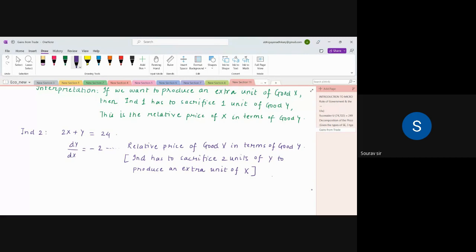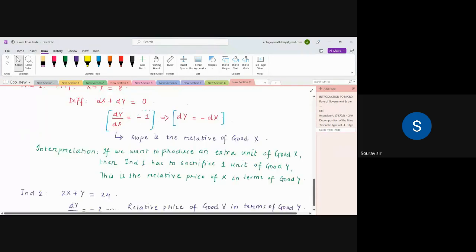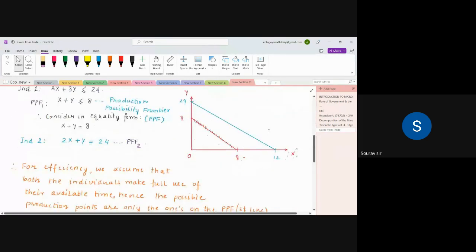Now, if the individuals are not actually trading amongst themselves, then they have to decide upon their consumption point. So their consumption point will depend upon the price level that they have amongst themselves. Now think of this.